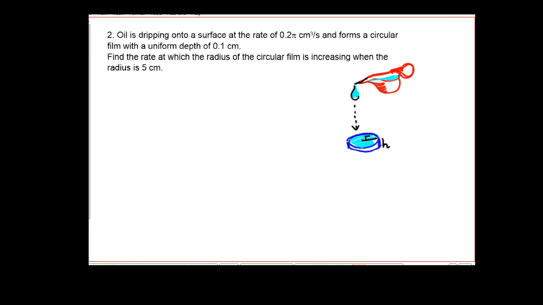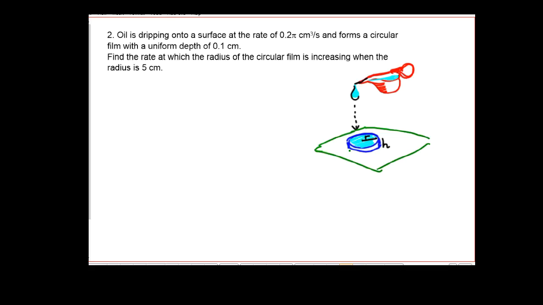Here I have oil dripping down, and when the oil hits the table, for example, it forms a film, and this film, we're going to assume it to be circular, and it has a uniform depth. So basically, this is a cylinder, all right?